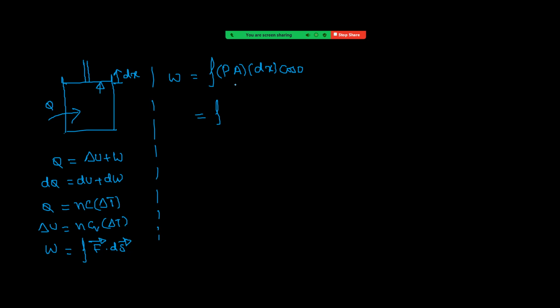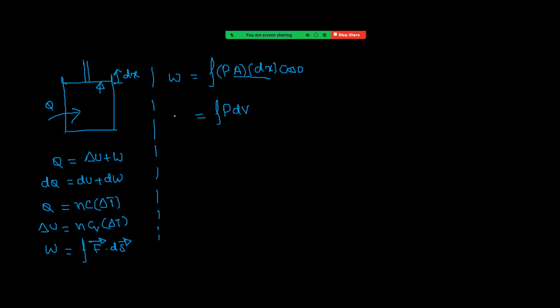Now see carefully. Area into dx gives us a small change in volume. The area of the piston moves by a small distance dx, so A into dx gives us the small change in volume. That means this becomes P dV.